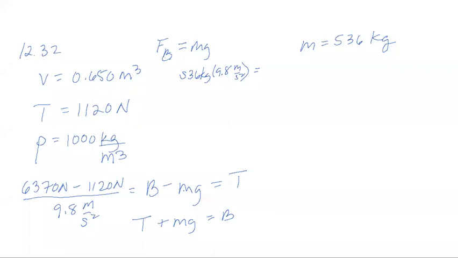All right, calculators, clear. 536 times 9.8 equals 5,252.8 newtons. So that's the force buoyant, that's the weight of the object.